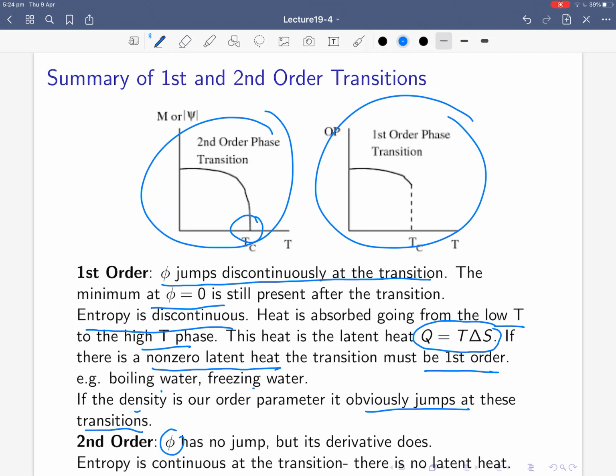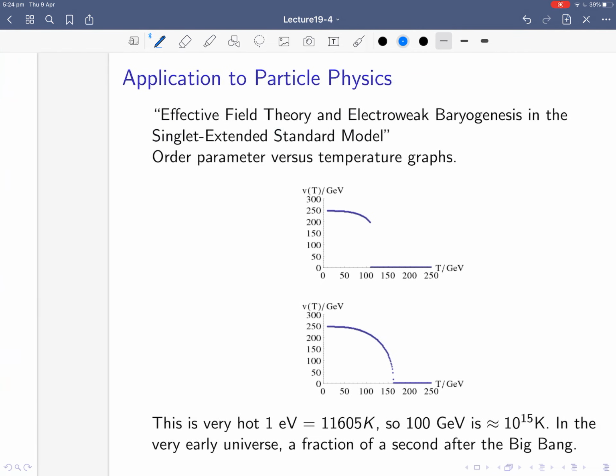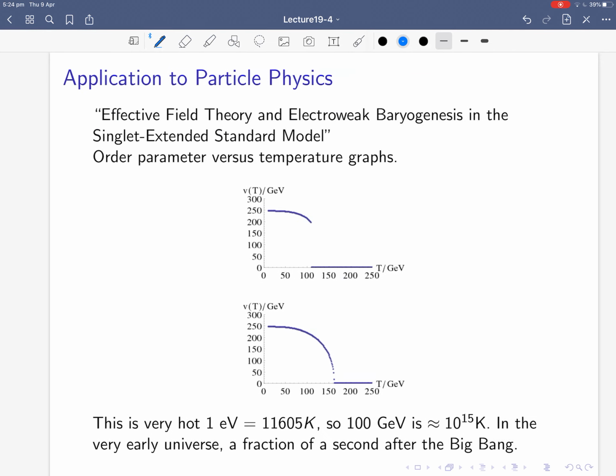Second order transitions are a lot more gentle. They have no jump in the order parameter, but its derivative certainly does jump. But the entropy is continuous, and there's no latent heat. So that brings us back to thermodynamics, relating all this first order, second order material back to our original interest in thermodynamics.